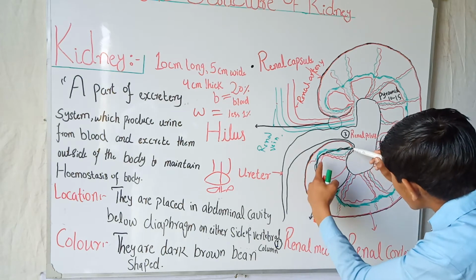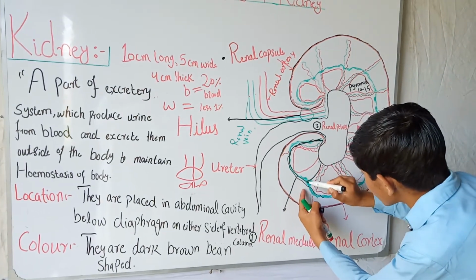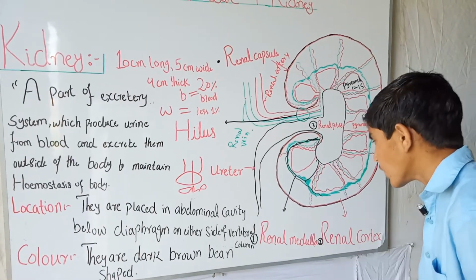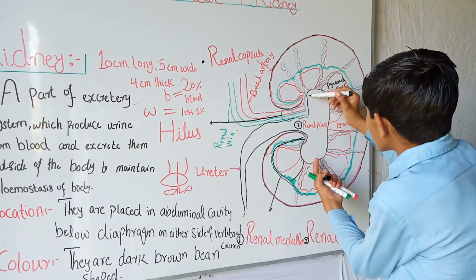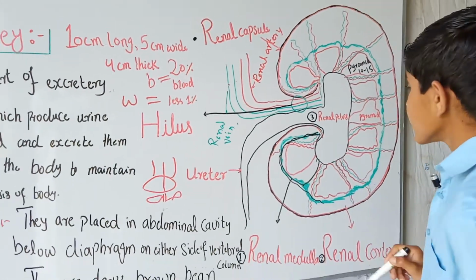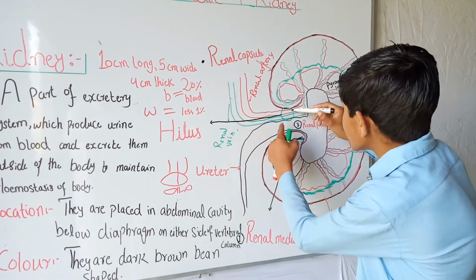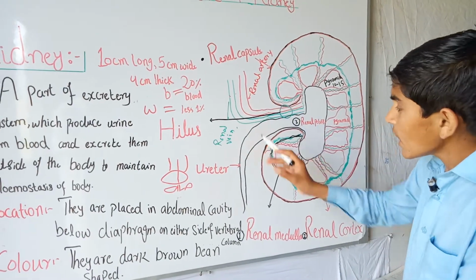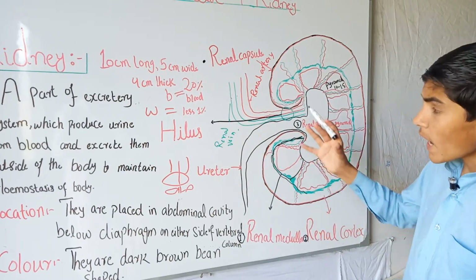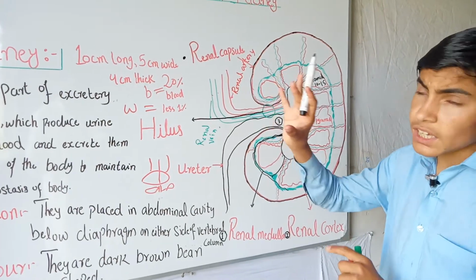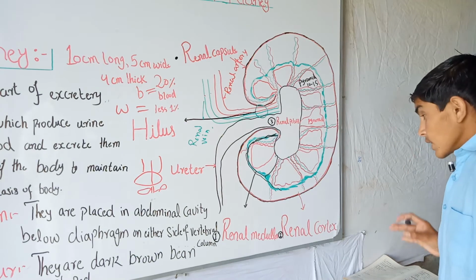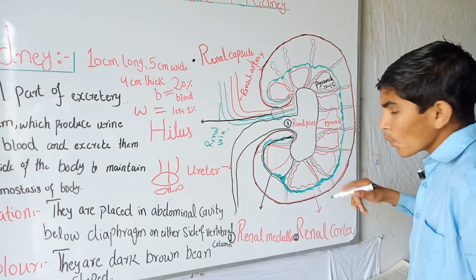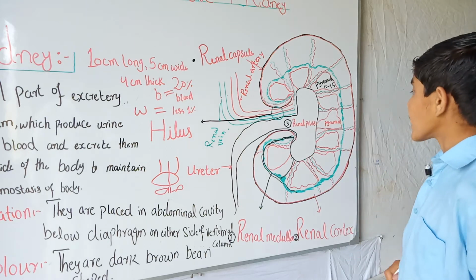Second, this portion from here to here is called the renal medulla, and this portion is called the renal pelvis, and this portion is called the renal hilum, where the renal vein enters the kidney while the renal artery leaves the kidney. Now there are several conical structures which are called pyramids.